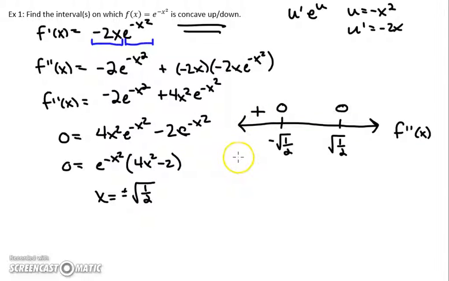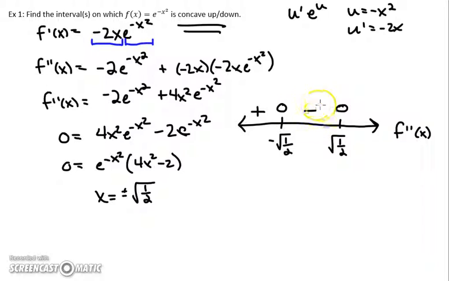So I know I'm always going to be concave up from negative infinity all the way over to negative square root of 1/2. Between negative square root of 1/2 and square root of 1/2, let's take 0. That's going to be the easiest number. 0 squared is 0, times 4 is 0, minus 2 is negative 2.